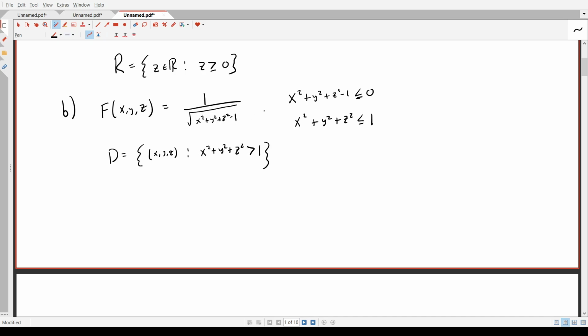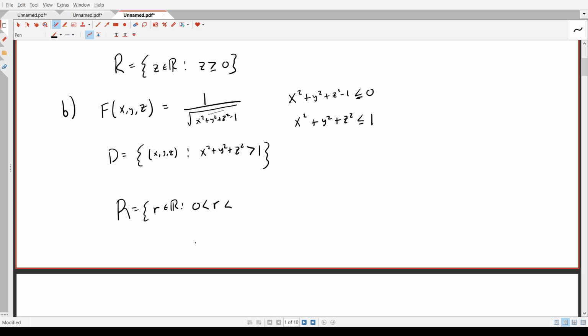Because we can take the limit as x, y, z go off to infinity, get really, really big, and we'll get close to 0, but we're never going to actually get 0. So the range is going to be the set of all, I'll call it R. So we know that I can never actually get 0. It's going to get close, but not quite.